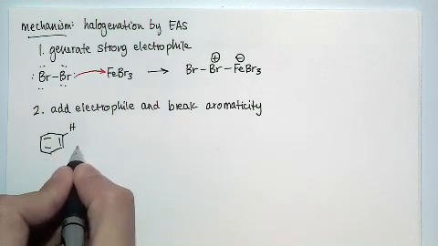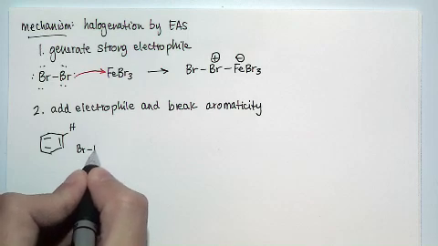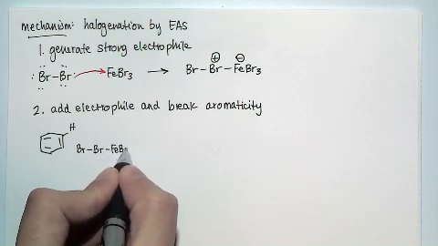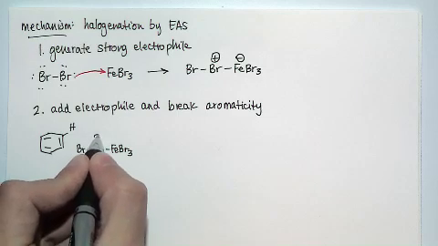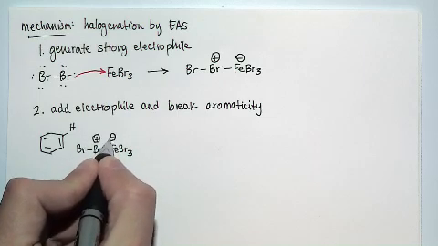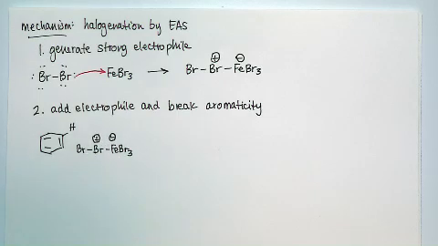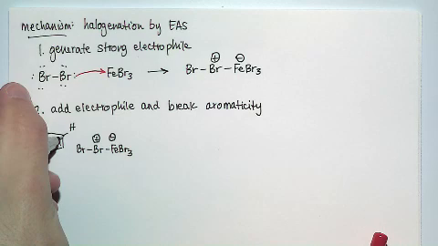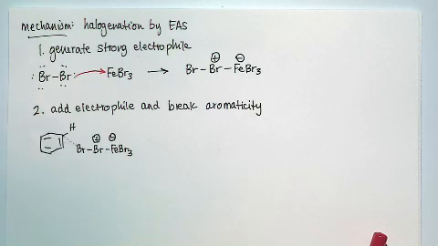So we're going to take, there's our iron bromide. The bond that we're going to form is between this carbon and that bromine.